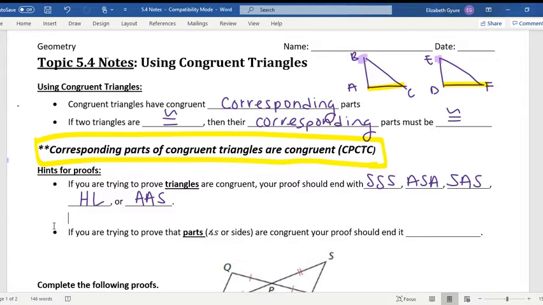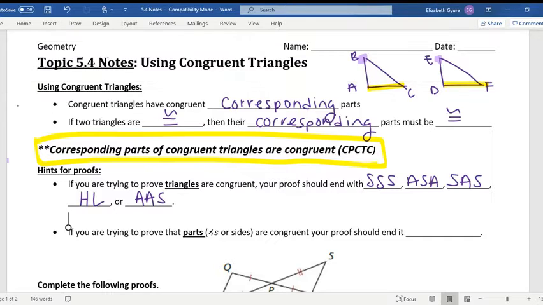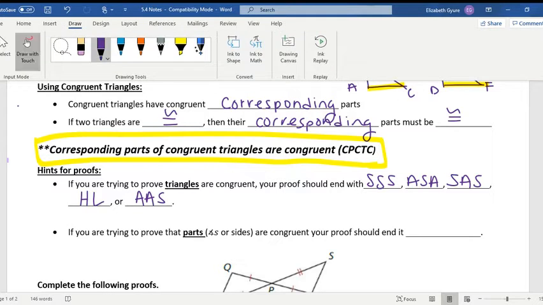So if your proof says prove angle A is congruent to angle D, or prove segment AC is congruent to segment DF, then your proof needs to end in CPCTC.